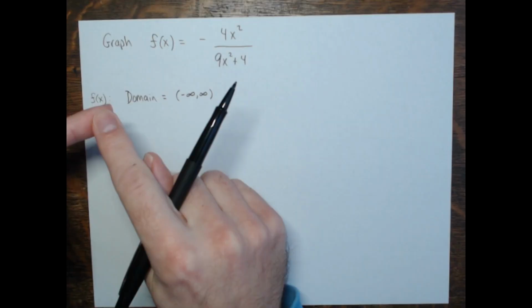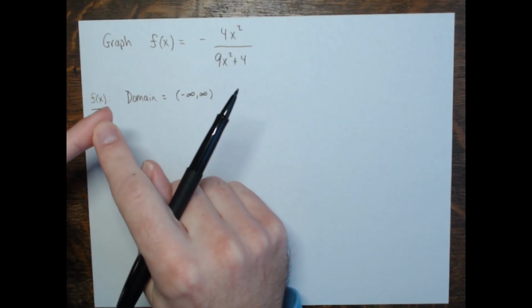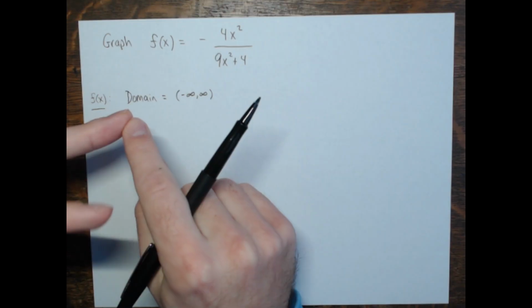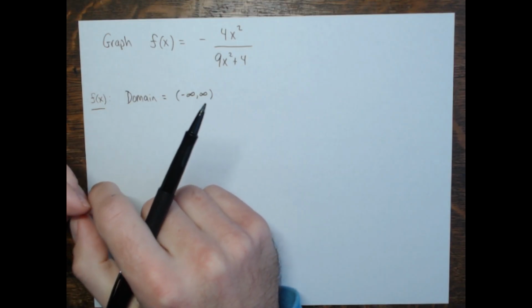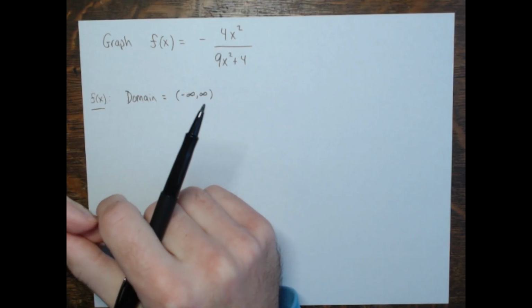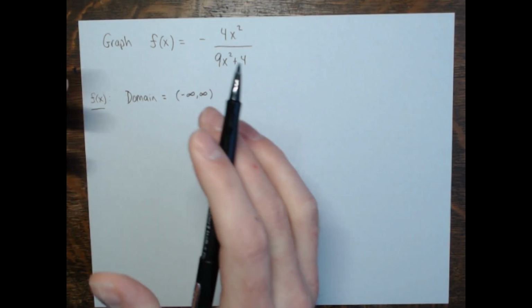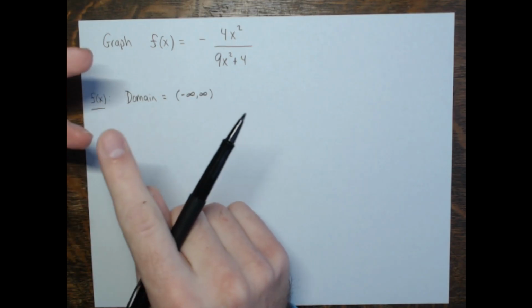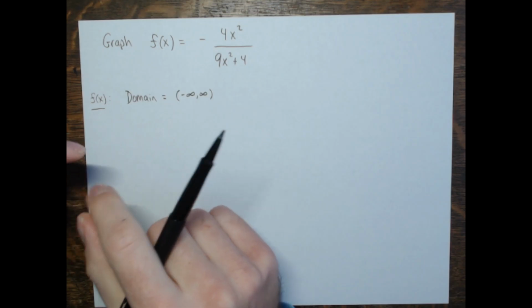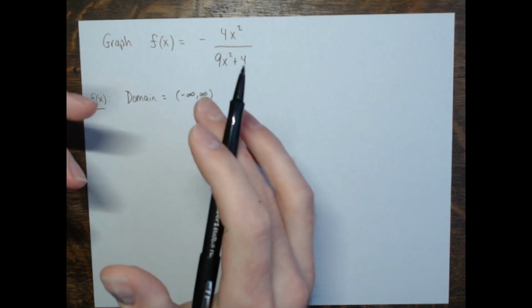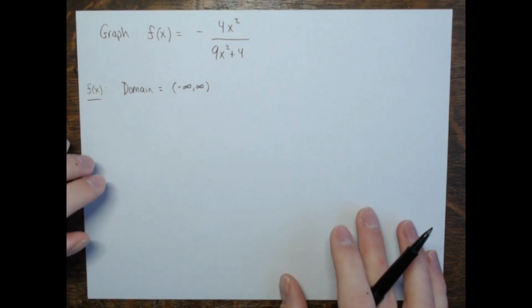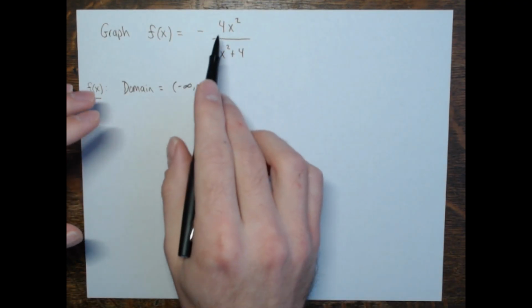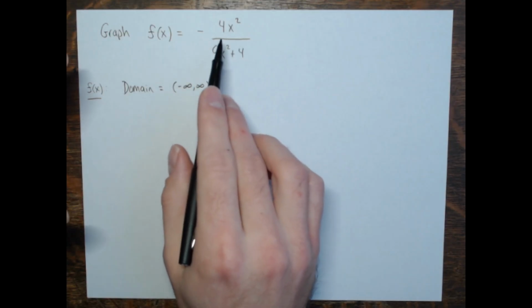And if there were logarithms, remember you can only take logs of positive numbers. If there are even roots, you can only take even roots of non-negative numbers. You've got to remember the domain restrictions for your polynomials, rationals, radicals, logs, exponentials, trigs, and inverse trigs. There are all the pre-calc functions you studied. So here the domain is all real numbers. I can plug in anything. Nothing will make me divide by 0.